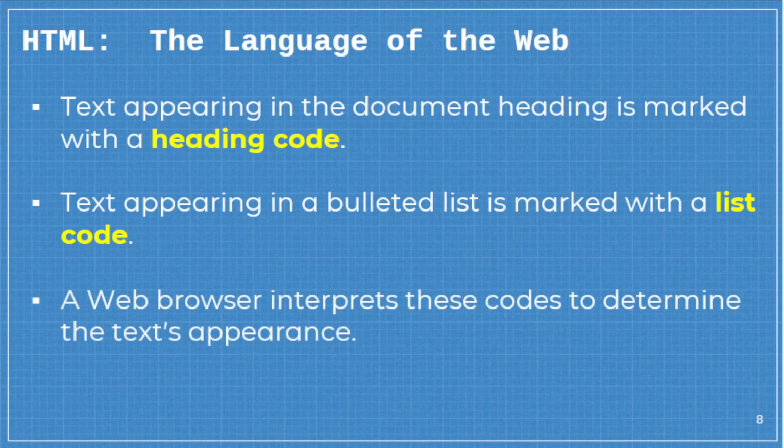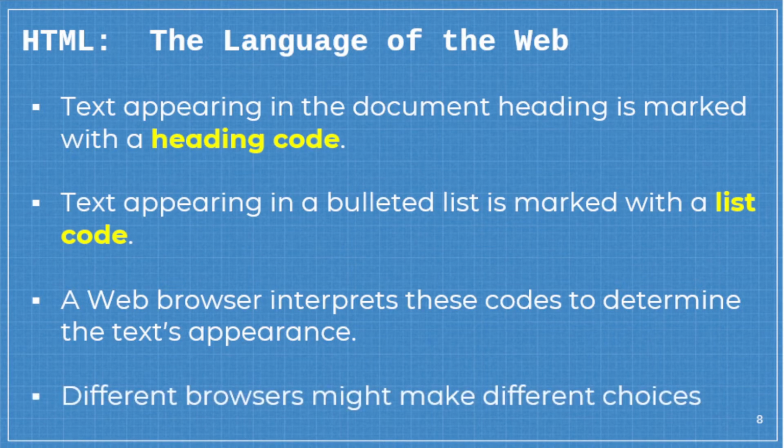Now, a web browser interprets these codes and then they determine the text appearance. Okay? Now, different browsers might make different choices, again, depending on the default font, the default structure of those browsers. So don't worry about that.